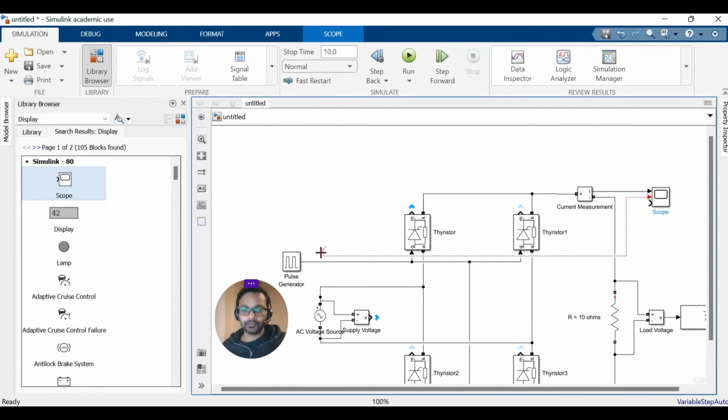Another thing I will need is, let's connect it to the voltage, and the last one to the pulse generator.